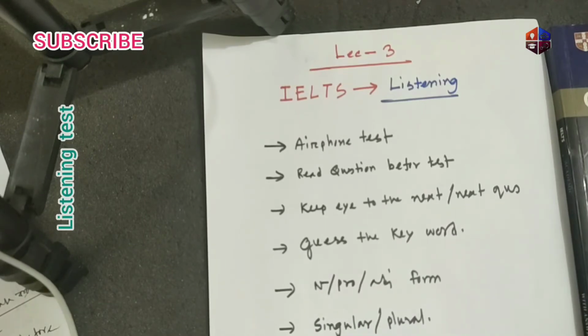Now, one important thing to get good marks in this section is, you have to keep ahead of the questions. That means, if the audio track is talking about question number 2, your eye should be on question number 3 and number 4, because if you miss any particular question, at that time you can catch straight up to number 4 or number 3.